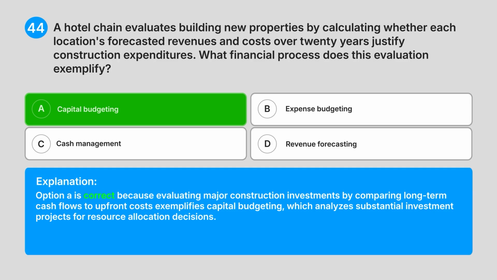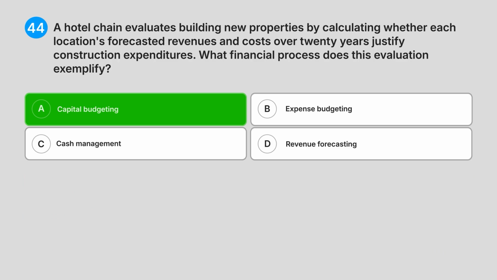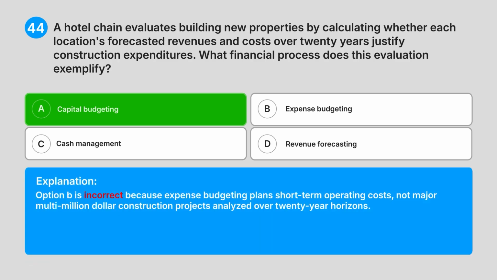Explanation. Option A is correct because evaluating major construction investments by comparing long-term cash flows to upfront costs exemplifies capital budgeting, which analyzes substantial investment projects for resource allocation decisions. Option B is incorrect because expense budgeting plans are short-term operating costs, not major multi-million-dollar construction projects analyzed over 20-year horizons.